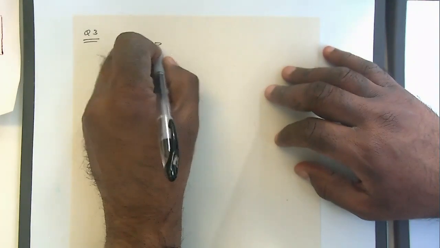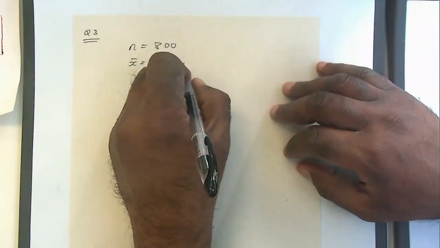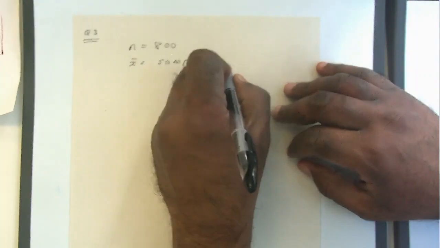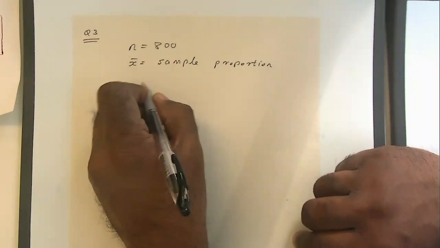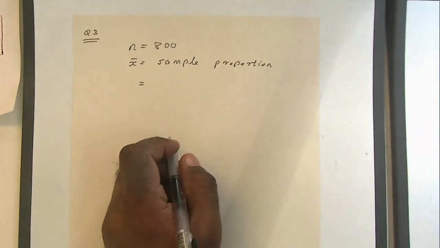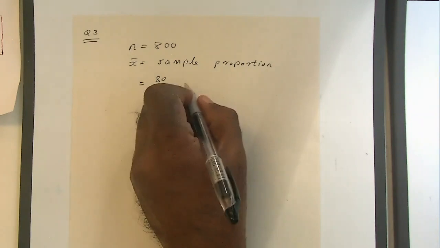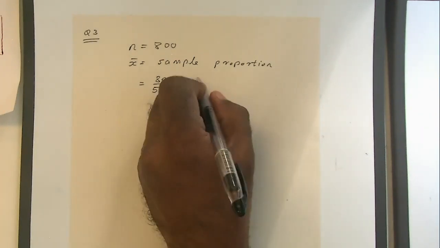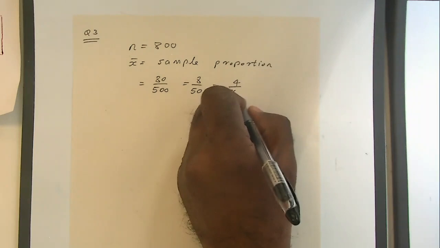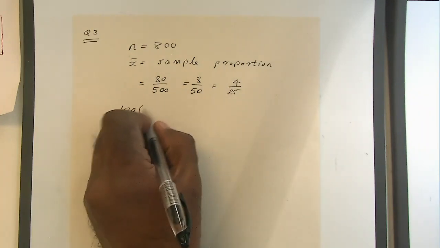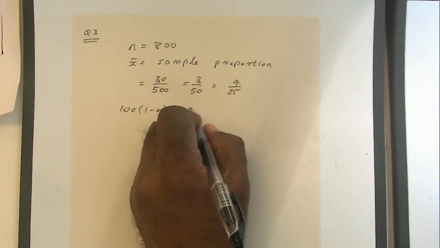So n is 800. X bar is the sample proportion. Now what's the sample proportion here? And 100 times 1 minus alpha is 90.